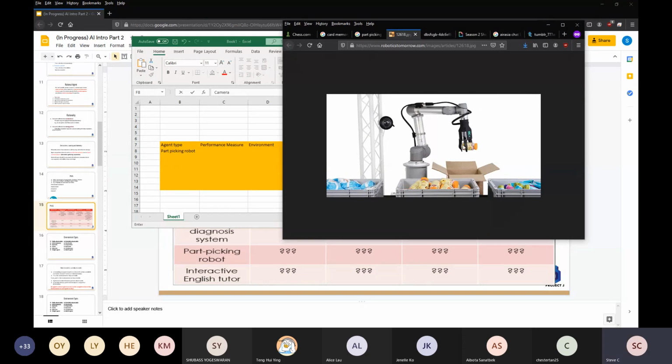Now, the environment, you could argue that it is working in a factory, but let's be more specific about it. So what are the possible elements in that particular environment? So in this picture, there's actually a conveyor belt over here that moves these bins of items around so that the robot could pick an item from each bin to be packaged into a box, right?